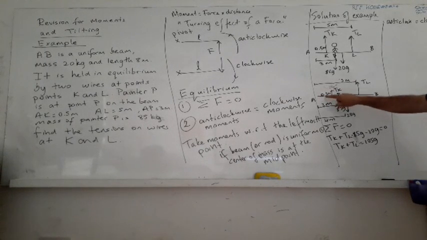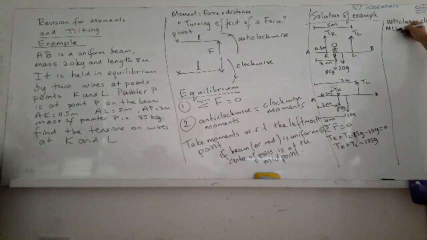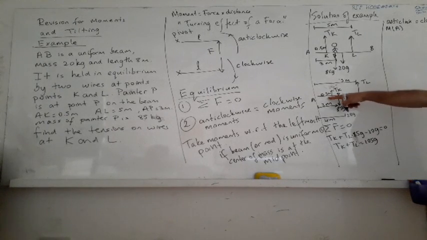We have to state that we are going to take the moments about point A. So, the distance of Tk is 0.5.